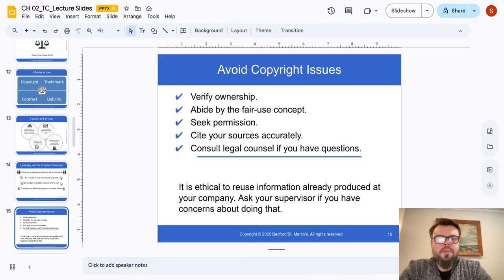The chapter also reminds you that internal reuse in a company can be ethical, like reusing boilerplate language, because the company owns that text. But even then, you should learn your organization's culture and check with supervisors when needed.